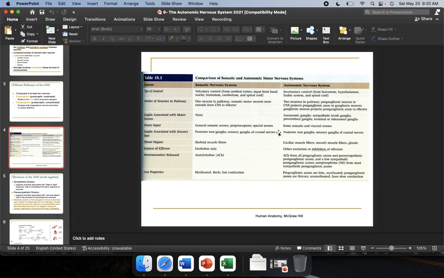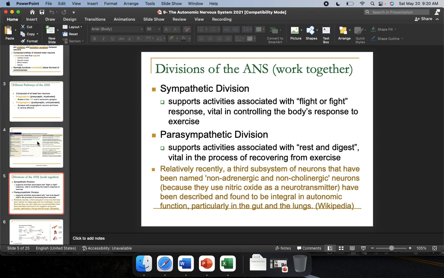There's not going to be any ganglia in the somatic, but here there are ganglia because we have a synapse, etc. As we go down, acetylcholine is the main effector on skeletal muscle fibers, which only acts to excite. The destination of autonomic cardiac muscle, smooth muscle fibers, and glands either inhibits or excites, using either acetylcholine or norepinephrine. So there are some differences between those two systems.